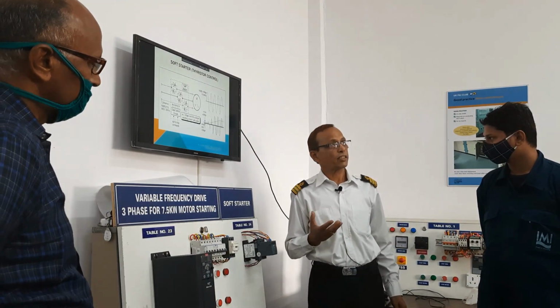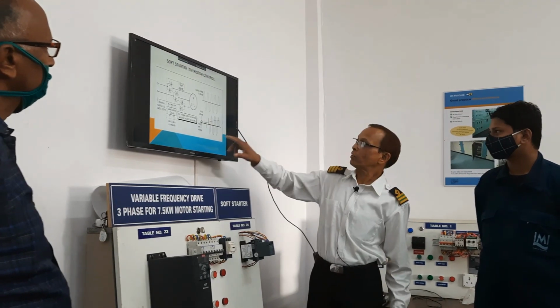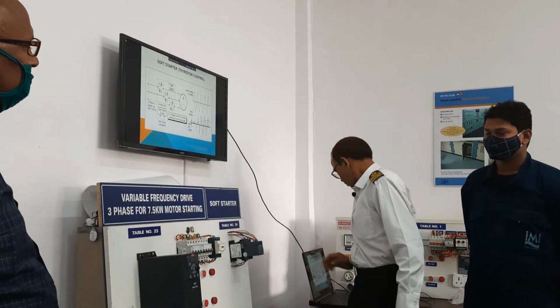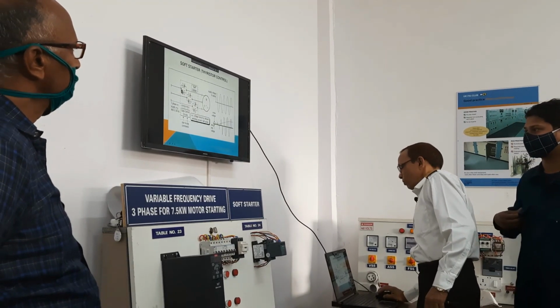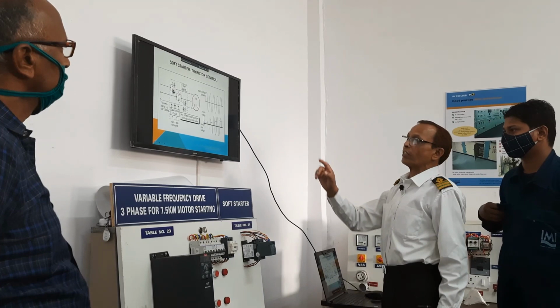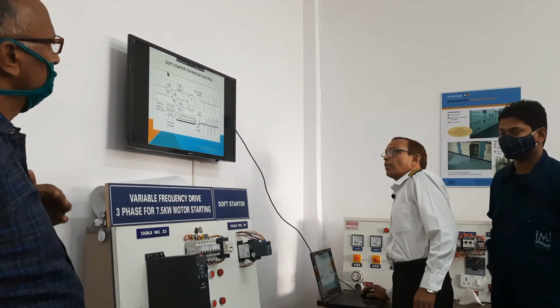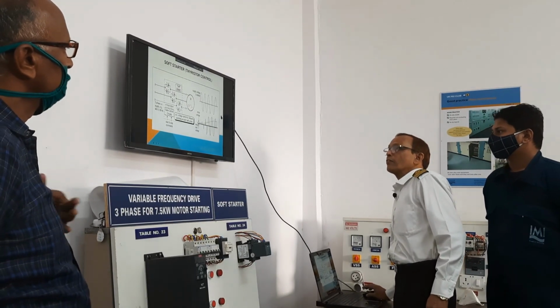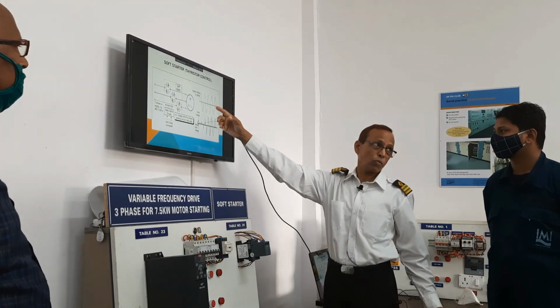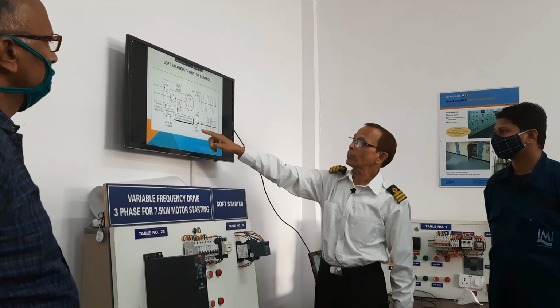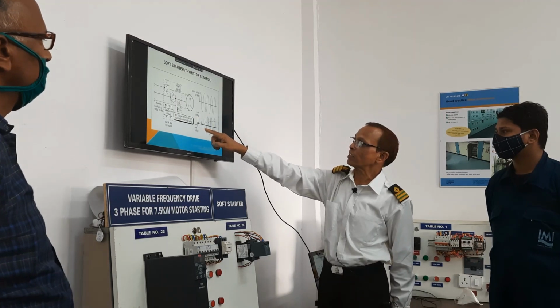And what is there inside? We have thyristors. When you see this circuit, in one line there is one positive, one negative, and all three phases have one positive, one negative. So it will have voltage like this in a normal starter. But here, as per gate pulses, this is ramping.